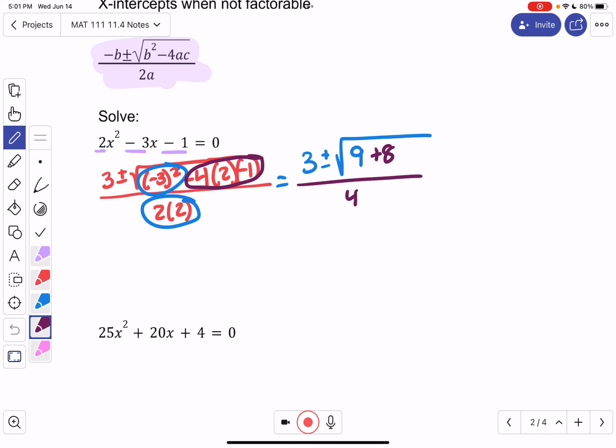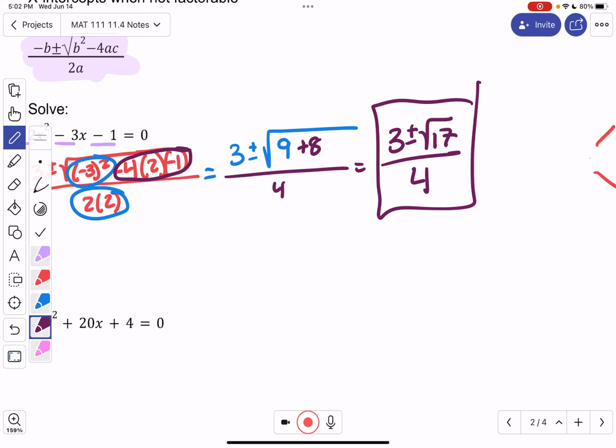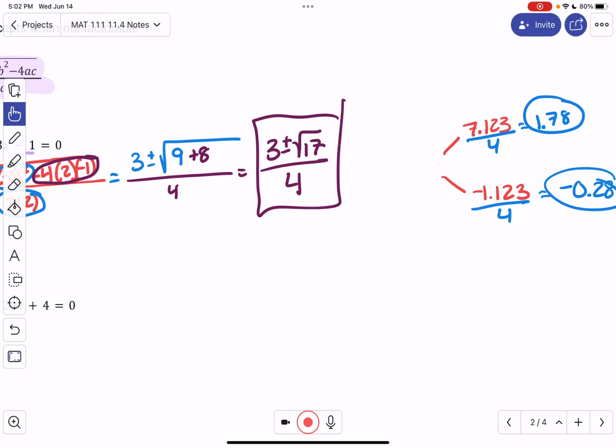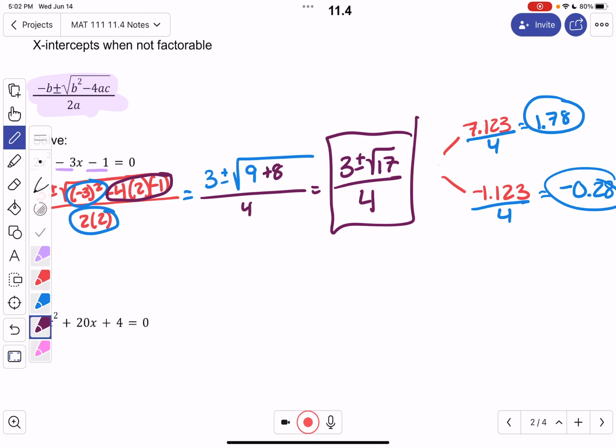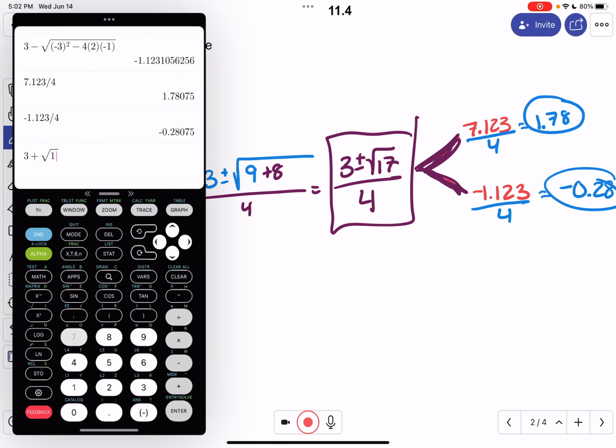Then 2 times 2 is 4. Add the 9 and 8 together and we get 17. That is our exact answer. We would get the same thing whether we did the exact or turned it into this. So let's see, 3 plus root 17 still gives us 7.123.